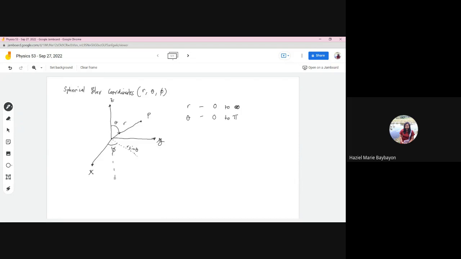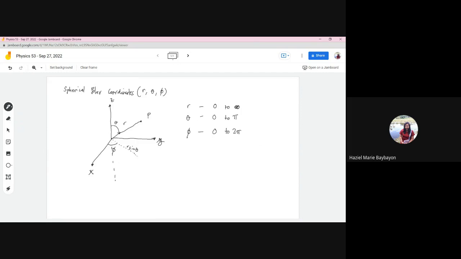And then your phi can span from here back to the positive x-axis. So it's 0 to 2 pi, or 0 to 360 degrees. Okay, so that will be the span of our r, theta, and phi.